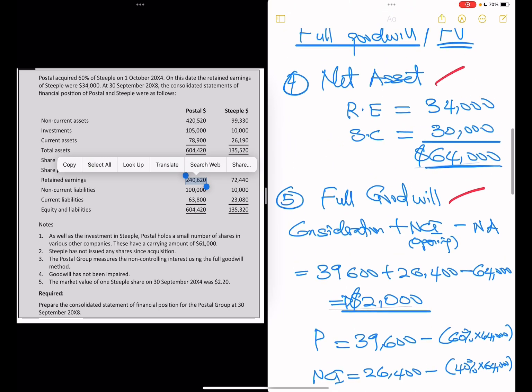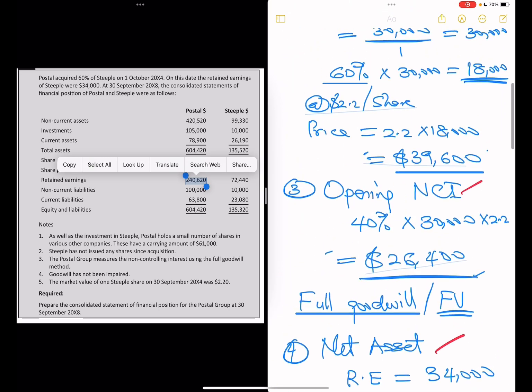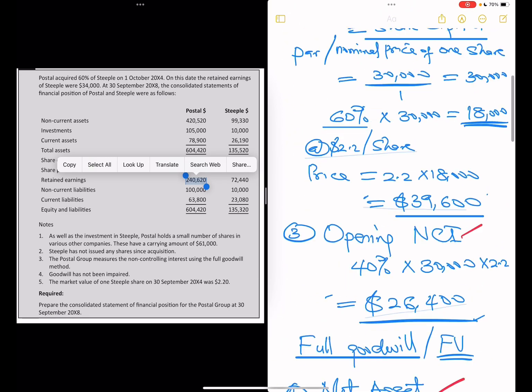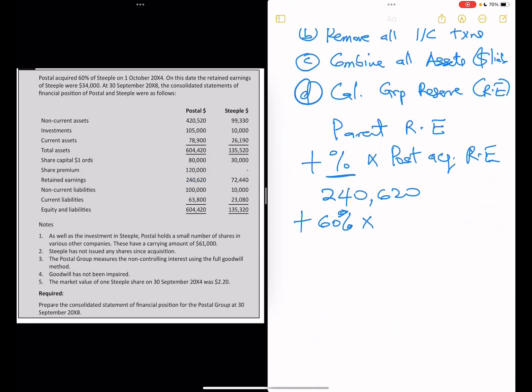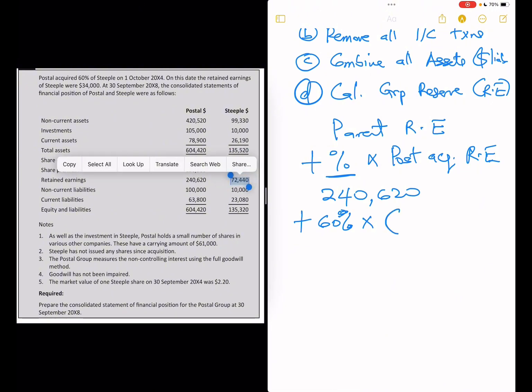Okay, if we've not done it, we can quickly do it. What is our post acquisition? So retained earnings of the subsidiary is currently at 72,440. And on the date of acquisition, it was 34,000.